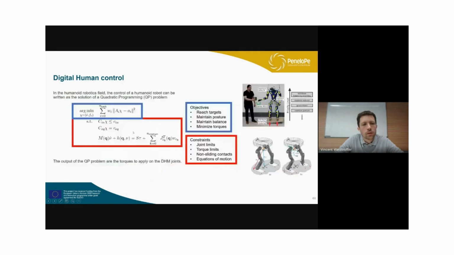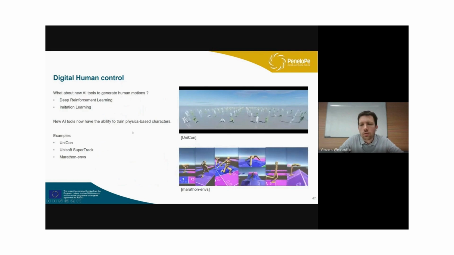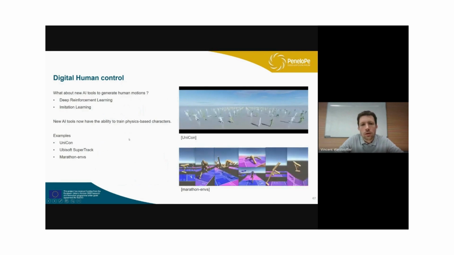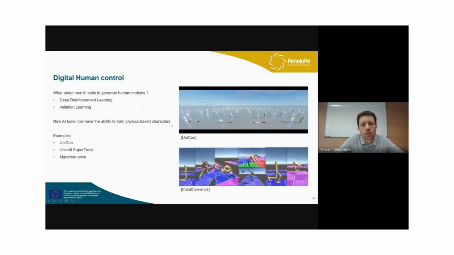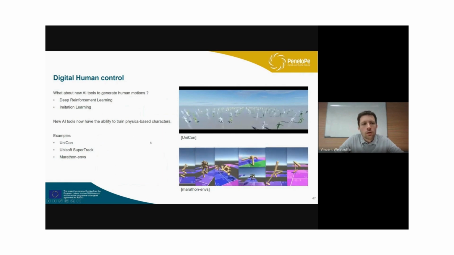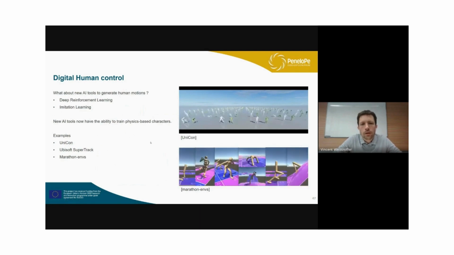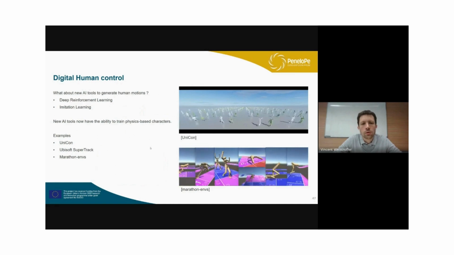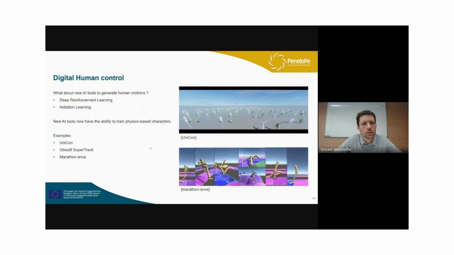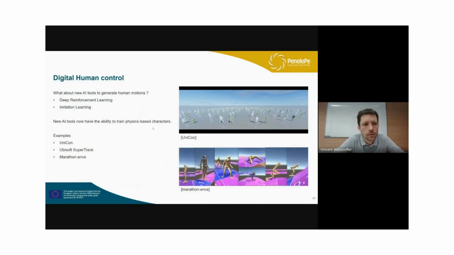These parameters are quite hard to know in advance, and this kind of environment can be used to train and to better know these parameters. By doing plenty of parallel simulations, at the end it will give you the optimal parameters to control your physics-based characters, okay?